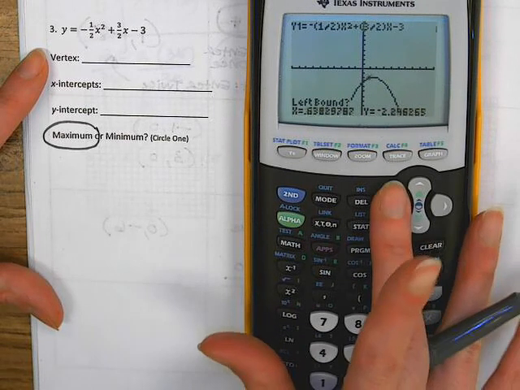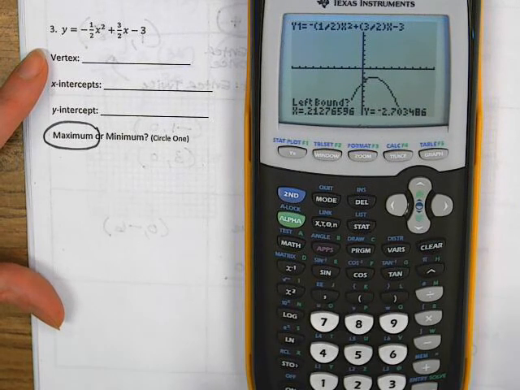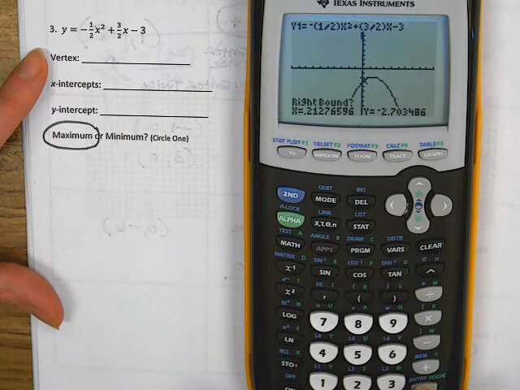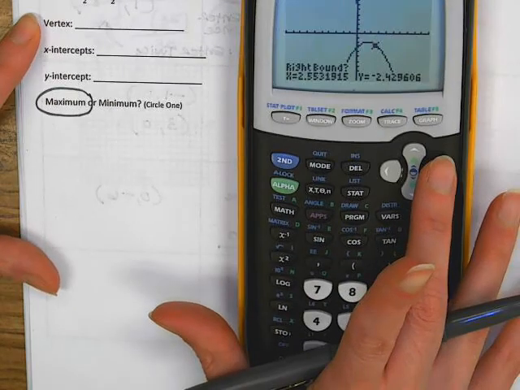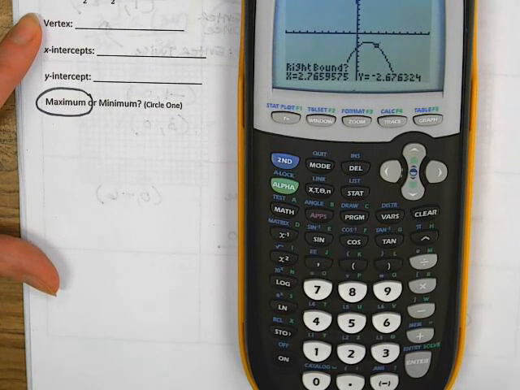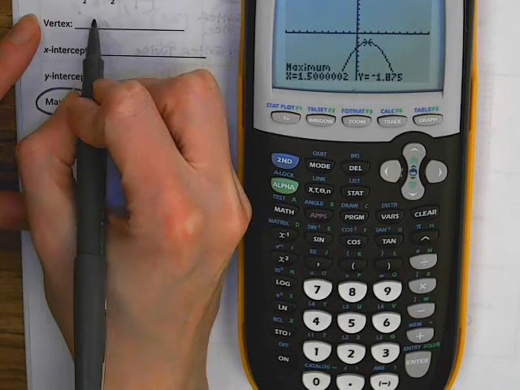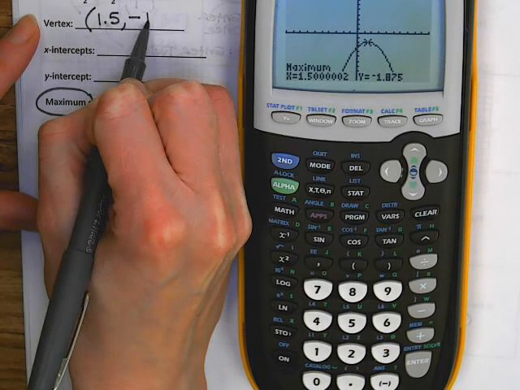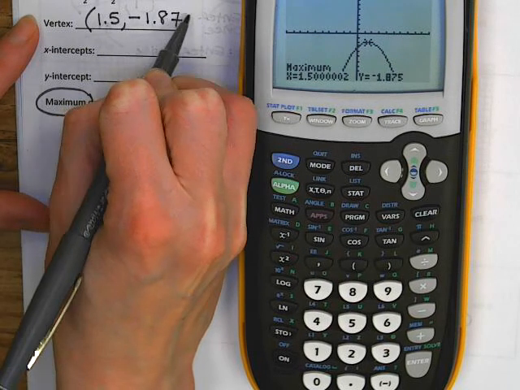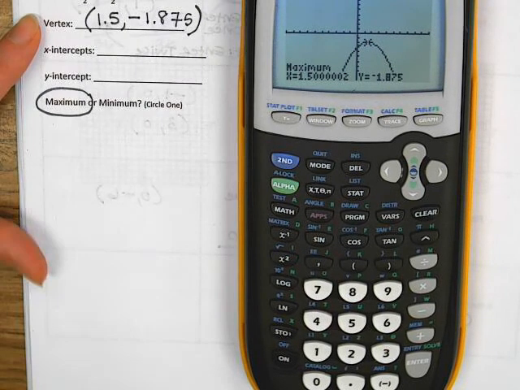Get your blinker a little bit to the left of it, anywhere. Hit enter once. And then get your blinker anywhere to the right of it and hit enter twice. And the vertex we're going to round, it's 1.5, comma, -1.875. That's the vertex.